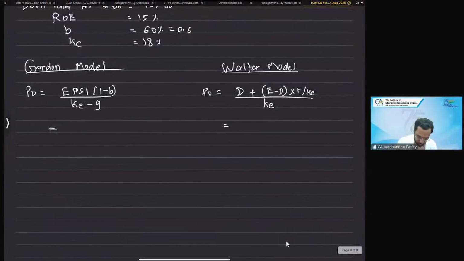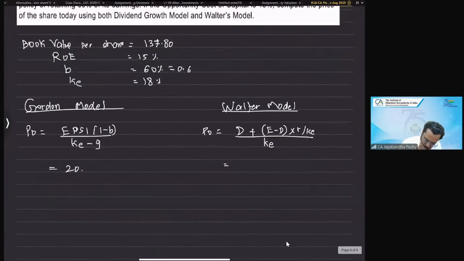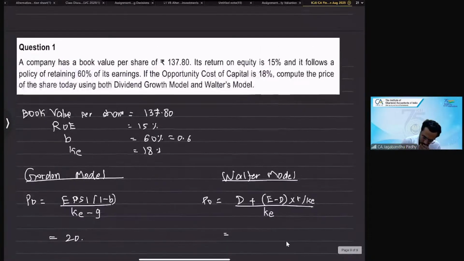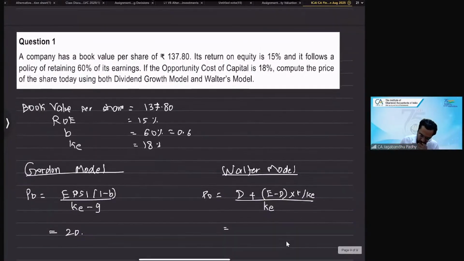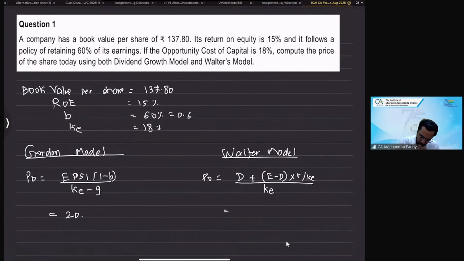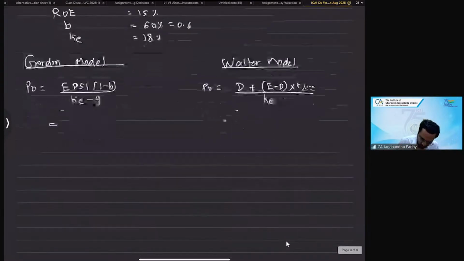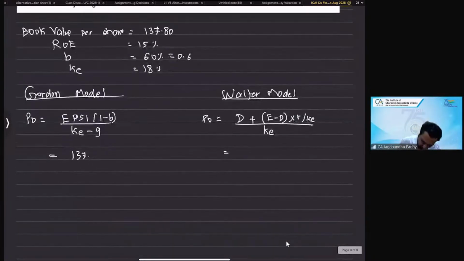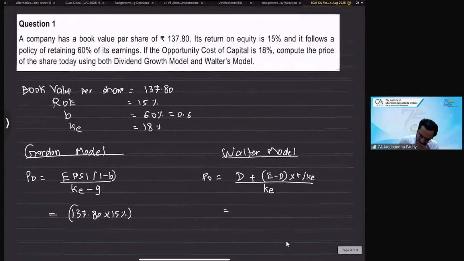Okay, so EPS needs to be 20.68. The book value per share is this, return on equity is 15%. So if return on equity is 15%, then it's going to be 137.8 into 15%. That's the EPS.